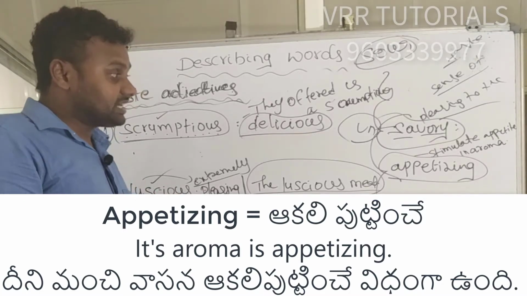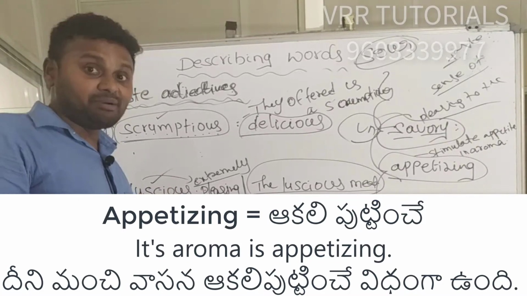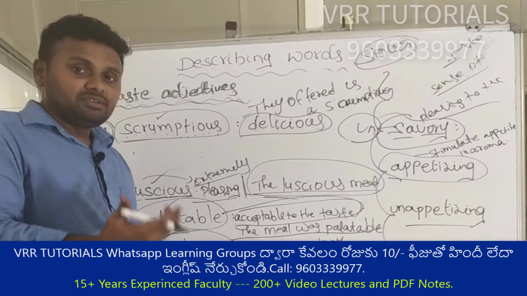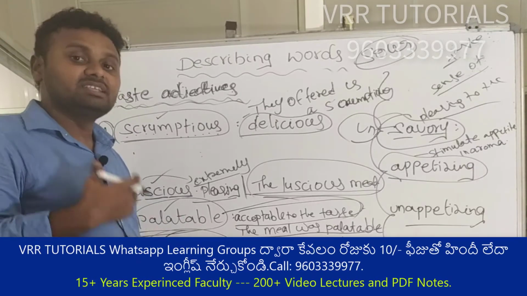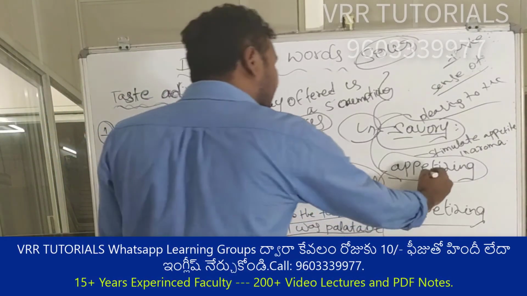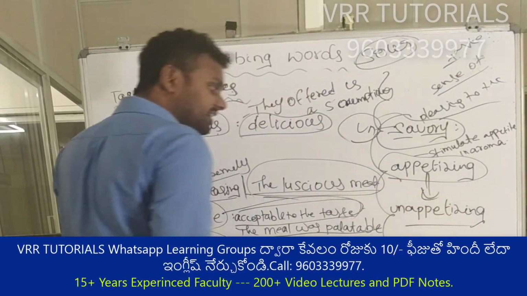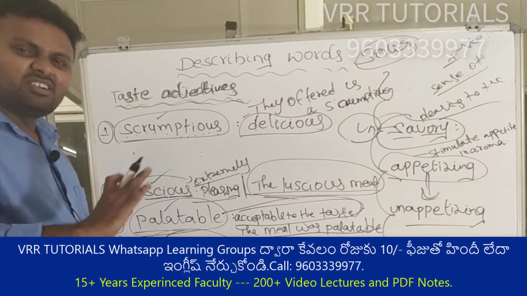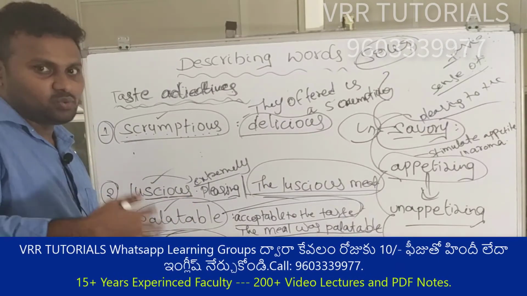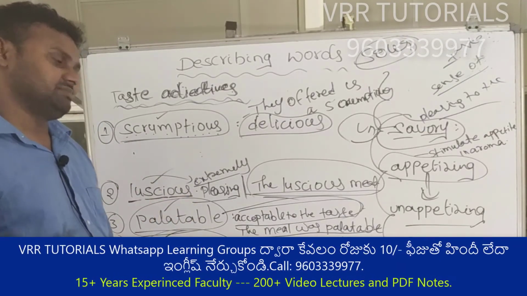So it's appetizing, which means stimulating appetite by smelling it or by tasting it. The opposite is unappetizing, which is not good. When you see it, you just go back because it is unappetizing.